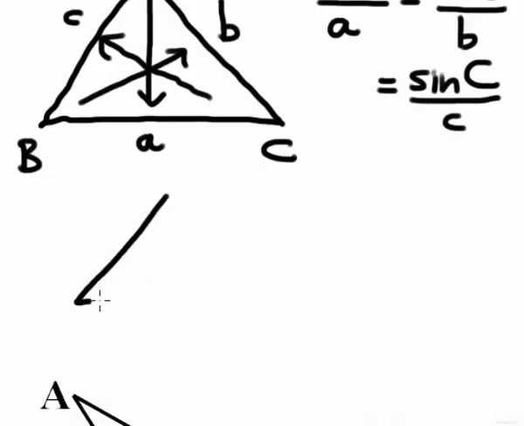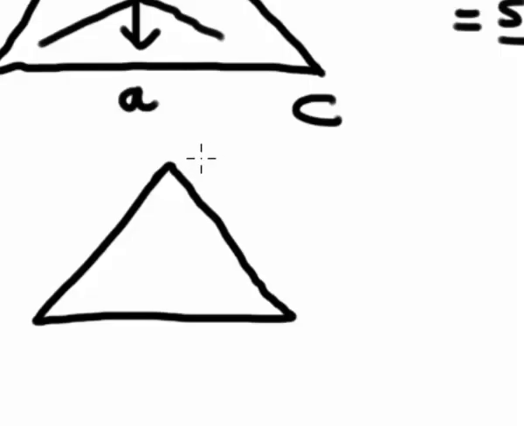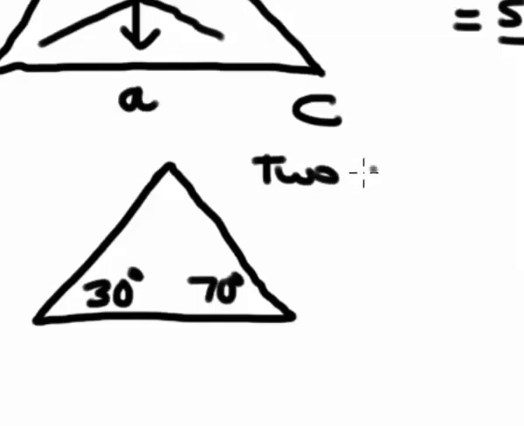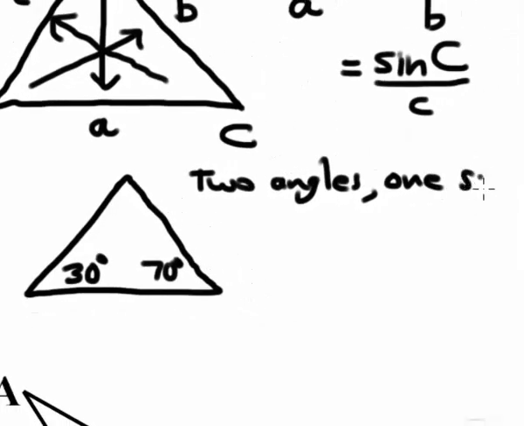If I, for example, had a triangle like this, and in my triangle I'm given the angle 30 degrees, and I'm given that angle 70, so I'm given 2 angles and 1 side. If I've got that situation, let's put the side there.